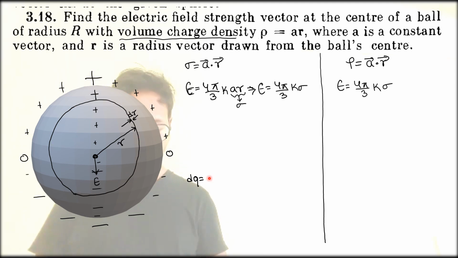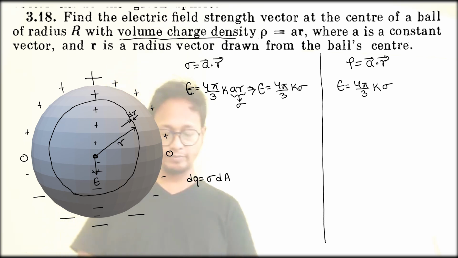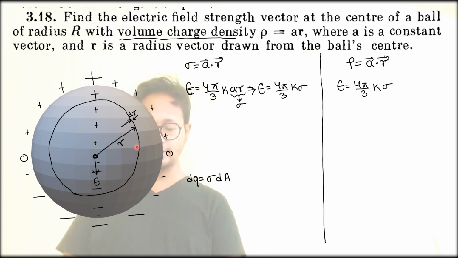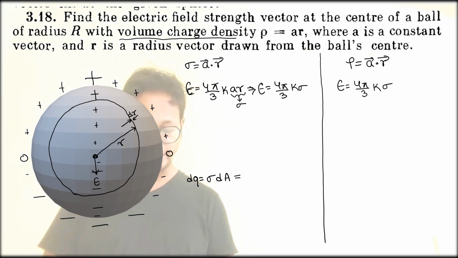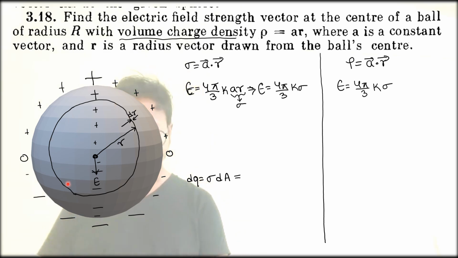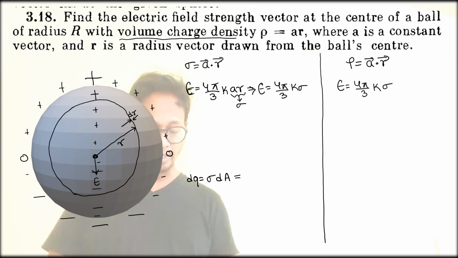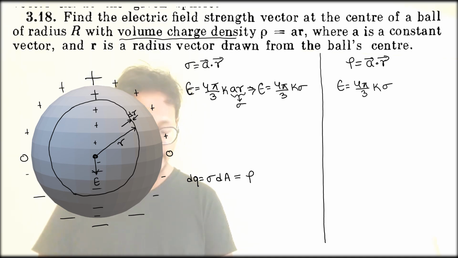So dq equals sigma into dA in the previous question, that is, surface charge density into elemental area. In this question, however, dq, or the charge content in this exact same shell, would be nothing but volumetric charge density into dV, or volumetric charge density into the volume of this thin shell.